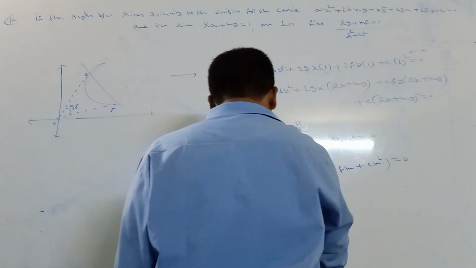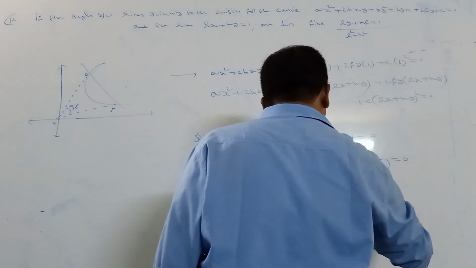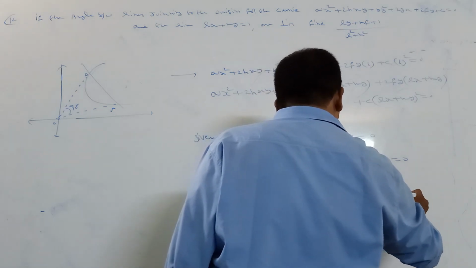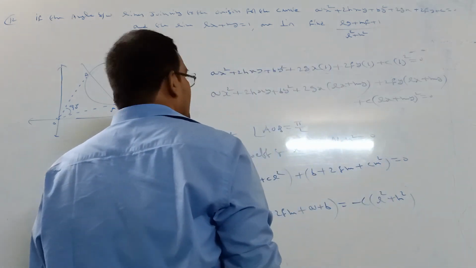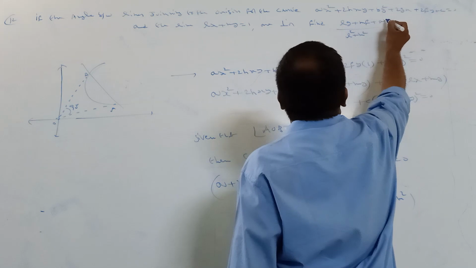The remaining terms you can take to the right side: minus cl square minus cm square, taking c common, l square plus m square.